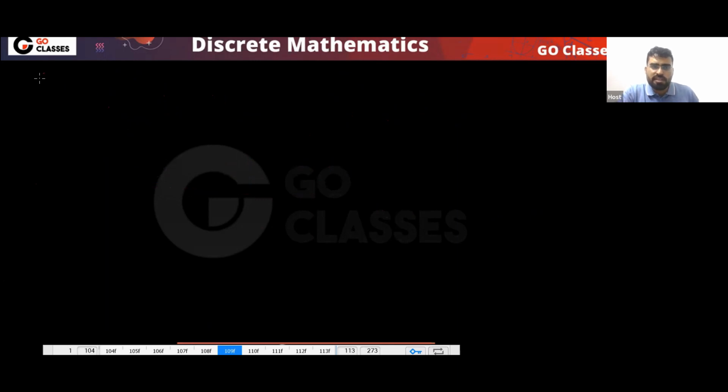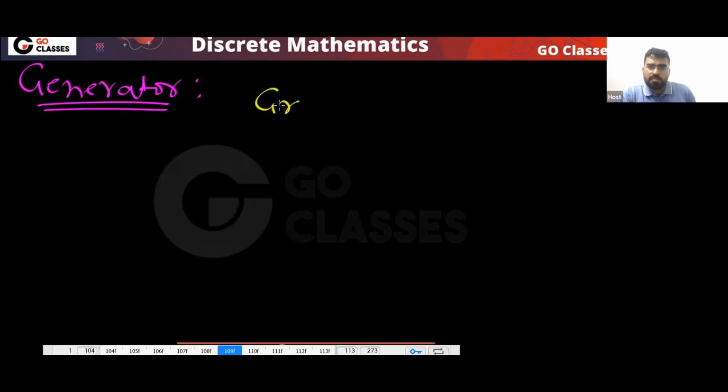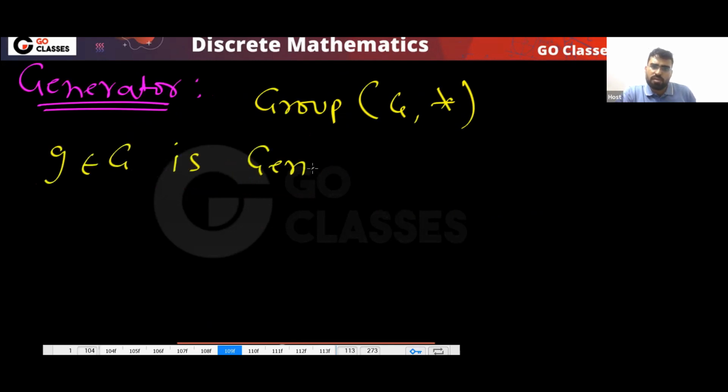Okay, so what is a generator? If I give you any group, this is the definition of generator. For any group G with operation star, an element g belonging to G is a generator of G if and only if, what is the definition?